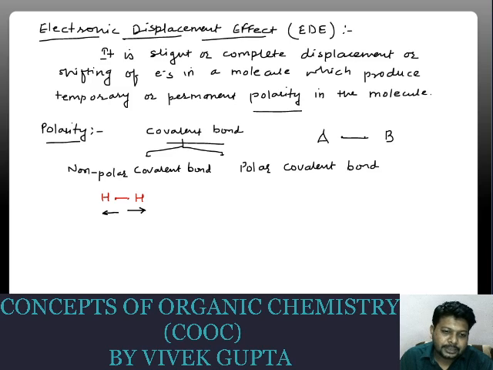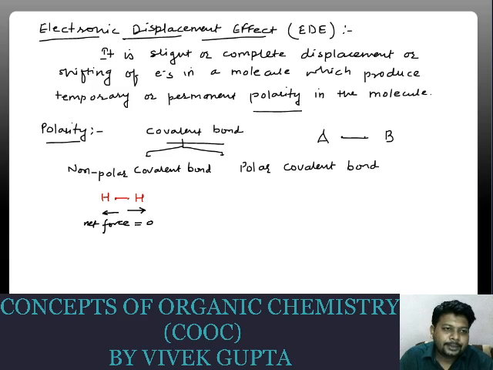So we can say net force will be 0. So the bond pair will remain exactly in the middle of the molecule. In that sense, the hold of the atoms on these two electrons will be the same. So these atoms will not develop any partial or complete charges. So we will call it a non-polar covalent bond.